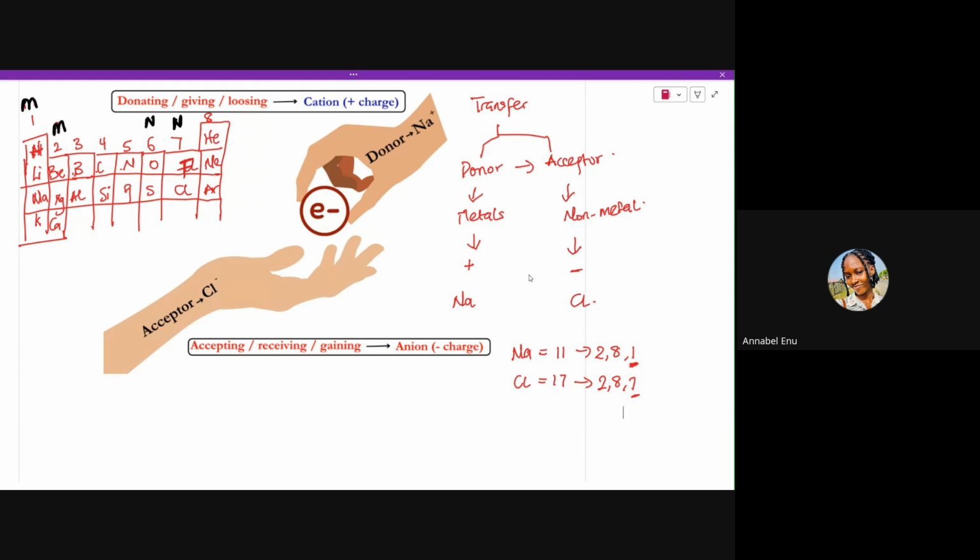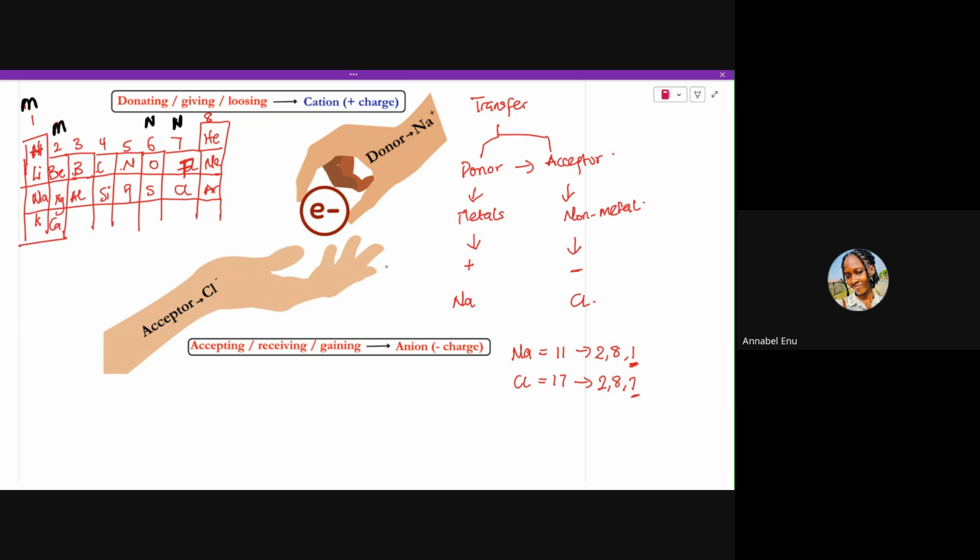Now for sodium, sodium is 2, 8, and 1, right? And I said for it to be stable and completely filled, the outermost shell has to be 8, not 1. So what can sodium do to achieve an outermost shell of 8, which means completeness? Okay, it can donate that 1.